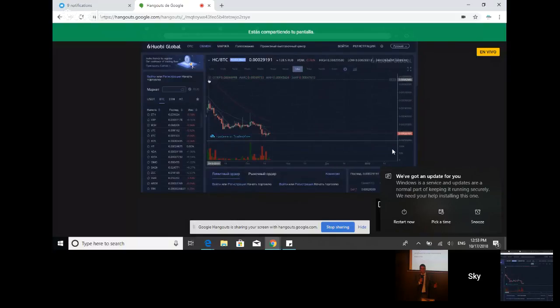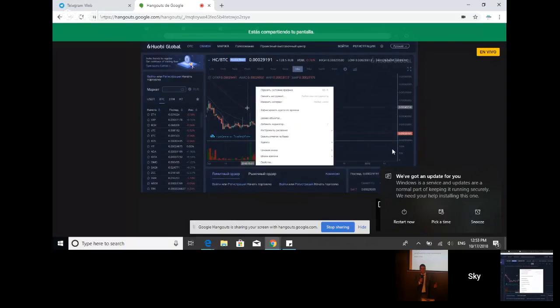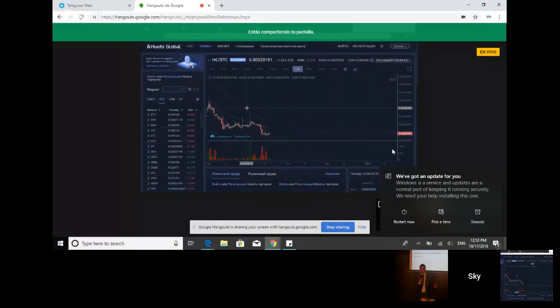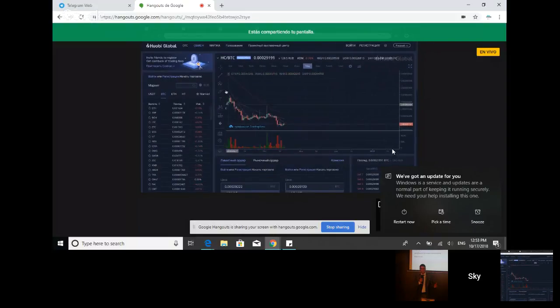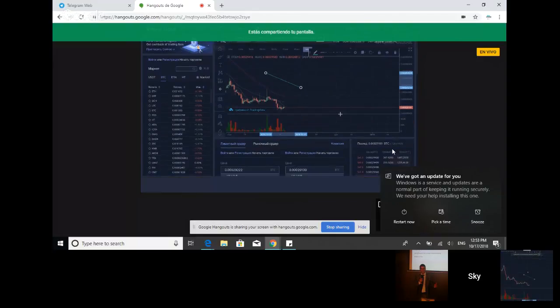So for this coin, I will use some trend lines to show how I see this coin move. Okay.